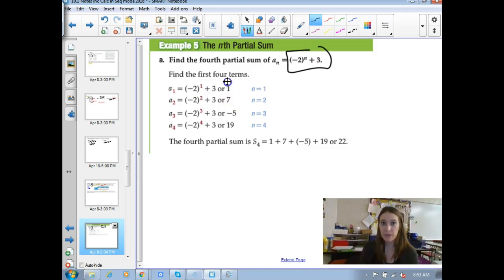So here they are. And here, and here, and here. And then they want you to add them up. So that's not too hard, right? You can add numbers. Well, it gets a little more complicated when the functions become more complicated or you have more terms. So you can do this old school. You can find the first whatever terms and then add them up. We're going to be using our calculator mostly.